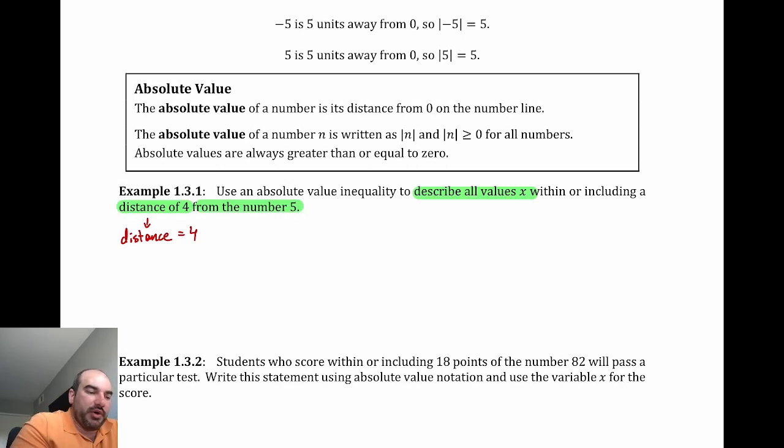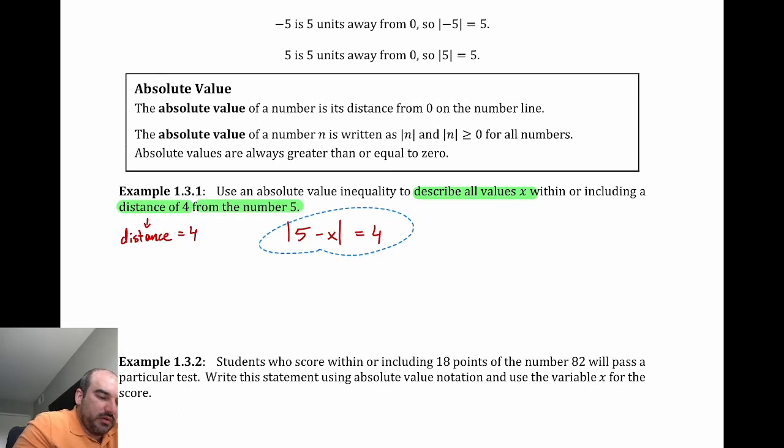So what we're going to do is we're going to say we're either going to do 5 minus x, or we're going to do x minus 5. I like 5 minus x better because there's a positive 5 in this expression here, where the center of our number line is going to be. So we want the distance from 5 to be 4.